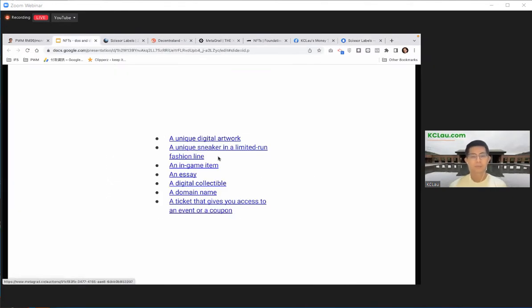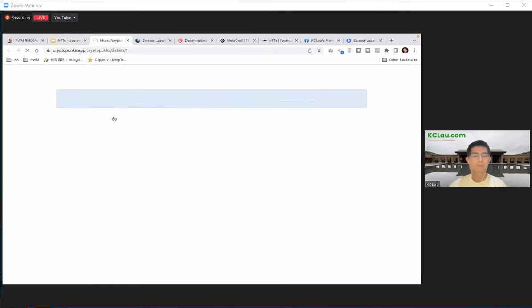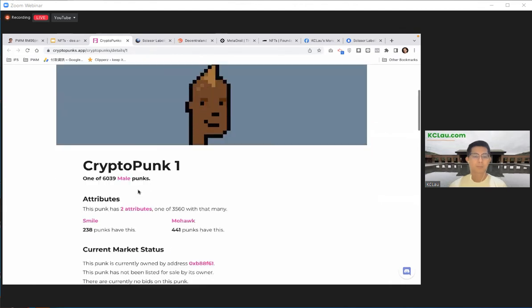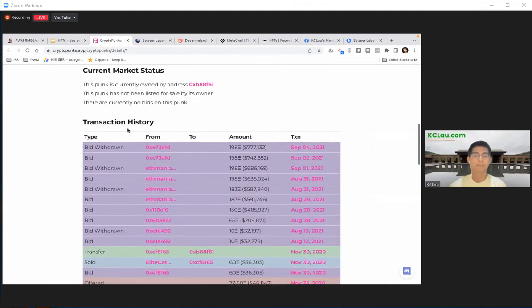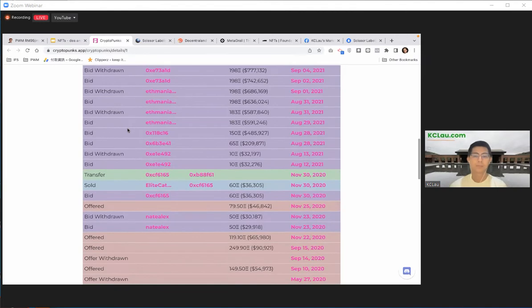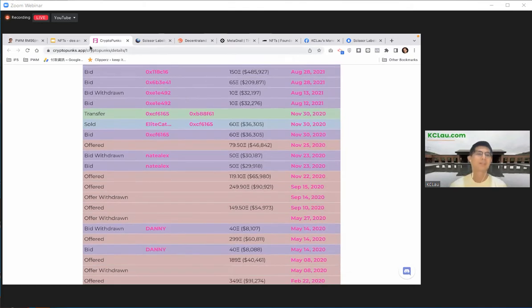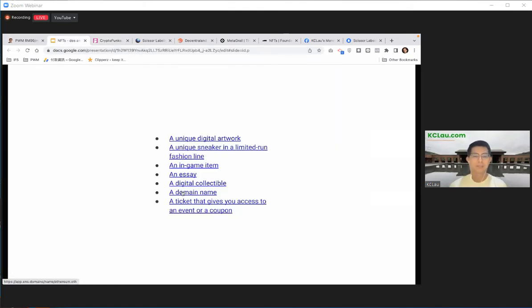And what else? Digital collectible, like just a piece of artwork like this CryptoPunk, and it is transacted so many times. Oh, okay. And then it can be a domain name, and it can be a ticket as well.